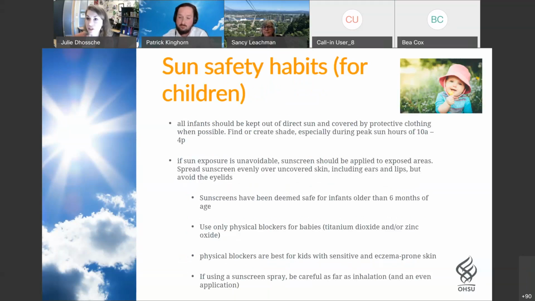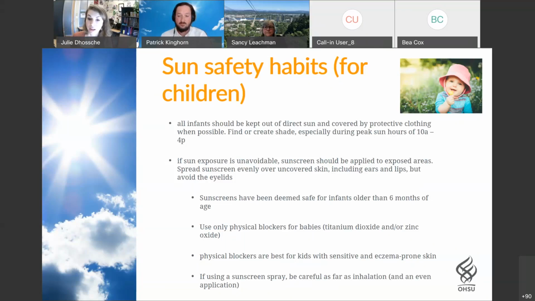Finding or creating shade, especially during those peak sun hours. And if sun exposure is unavoidable, taking care to apply sunscreen to exposed areas, so spreading it evenly over uncovered skin, including the ears and lips, really avoiding the eyelids to avoid getting it in the eyes and it stinging.